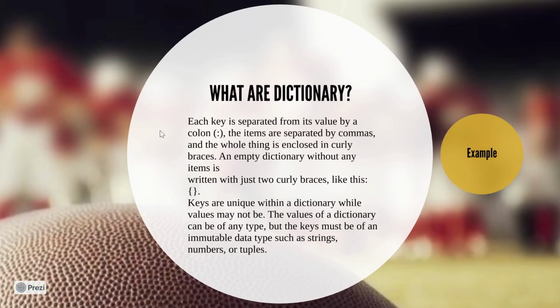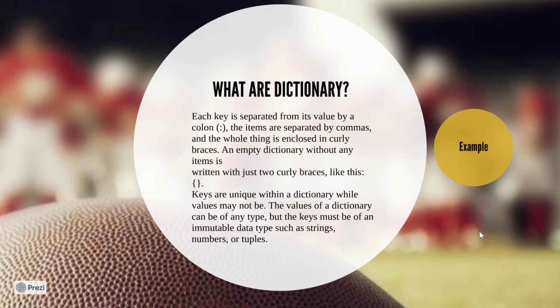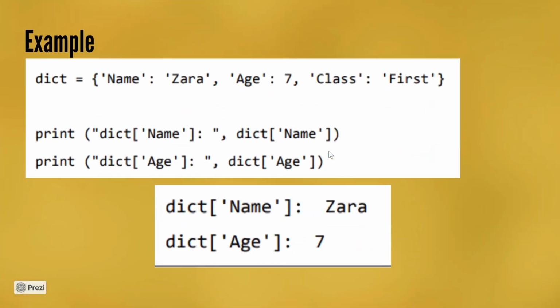After that we come to dictionaries. Dictionaries are data types in which each key is separated from its value by a colon, the items are separated by commas, and we generally indicate them using curly braces. It will become more clear the moment we see examples of dictionaries.